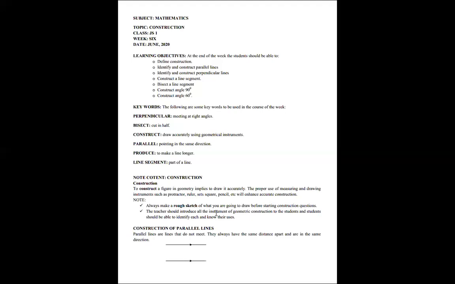Remember, I gave an exercise for every one of you to identify the construction instruments and tell the use or the function of each of those instruments. I've also taken my time to explain those instruments in the previous video. So like I said earlier, if you are yet to see that video, do yourself good and go and check it out.